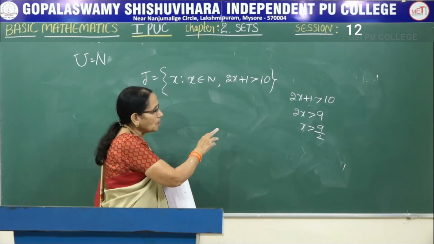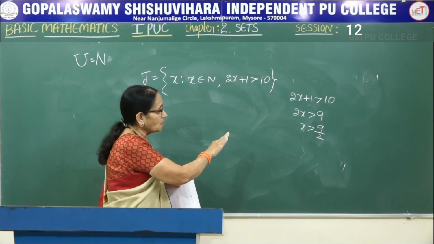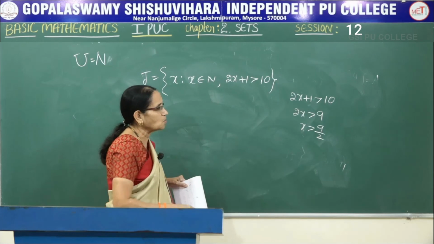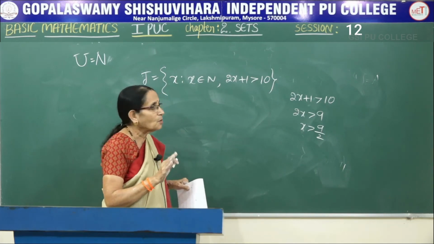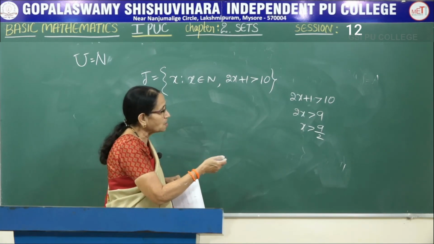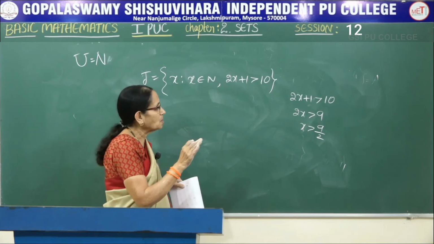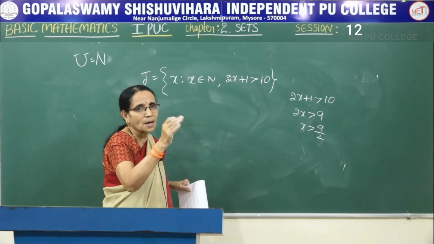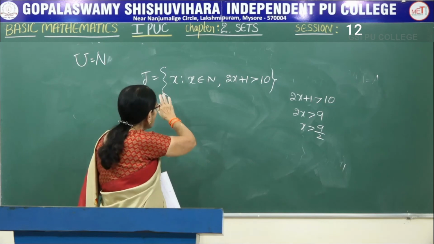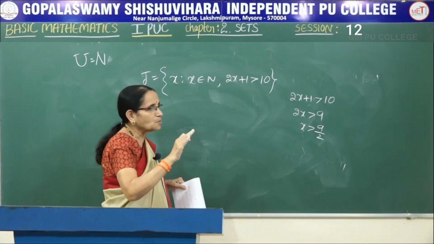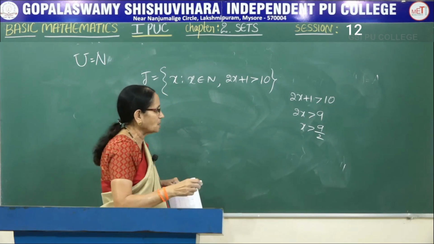Here strict inequality is there, so more than 4.5 means 5 is the first number. So J contains the elements 5, 6, 7, 8, 9, 10, 11 like that.